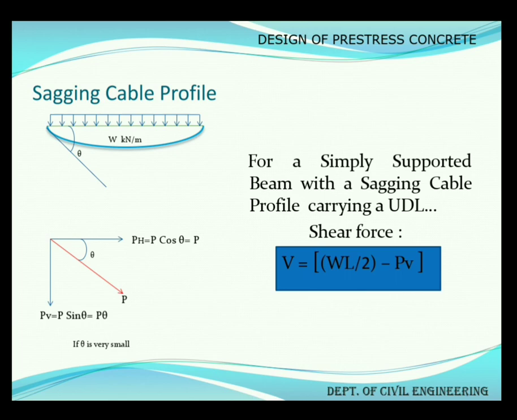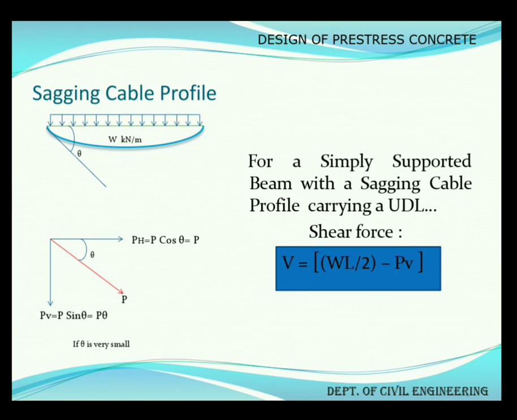Now if theta is very small, the horizontal component P cos theta can be taken directly as P, because if theta is very small, cos theta is equal to 1. Whereas the vertical component P sin theta is taken as P into theta, because if theta is small, sin theta is theta itself. Therefore we can take PH is equal to P and PV is equal to P theta for solving the examples.